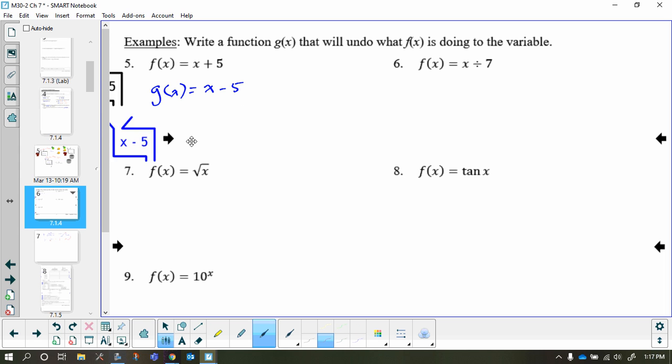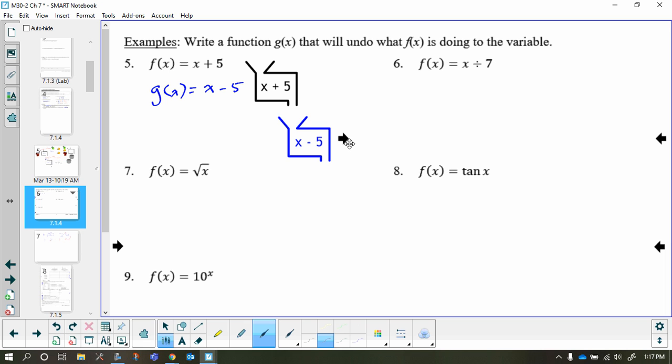So let's think of this with function machines. Suppose I was to pick a number for x to stick in, and this is a good way to test to make sure I've found the inverse function. Suppose I pick a 3 as my input. So I put in a 3, so this x becomes a 3, plus 5 gives me an 8 as output.